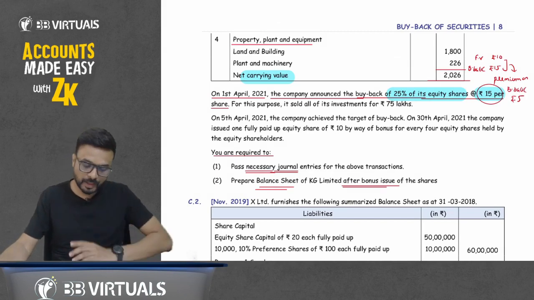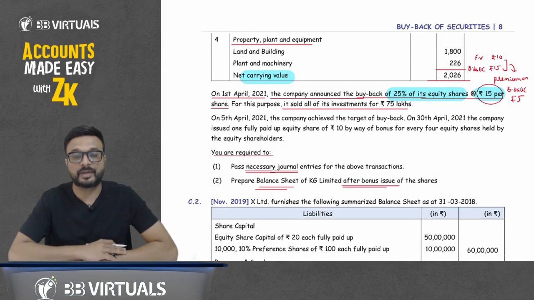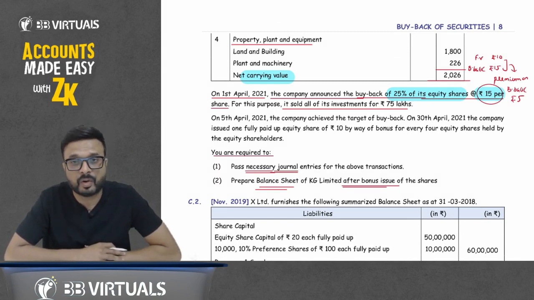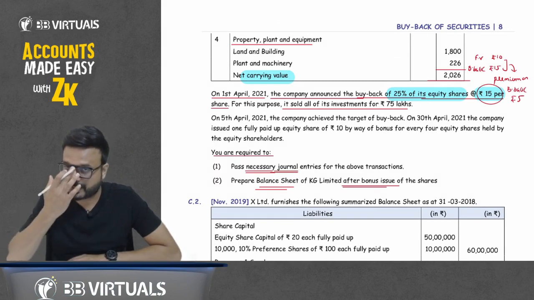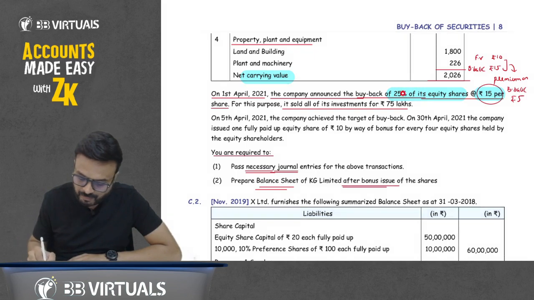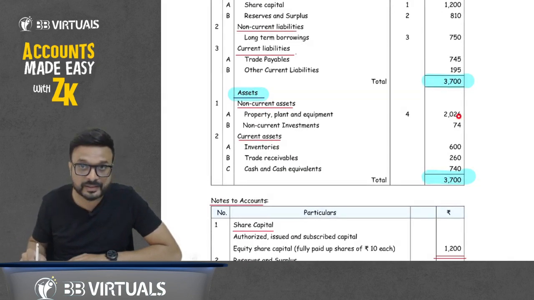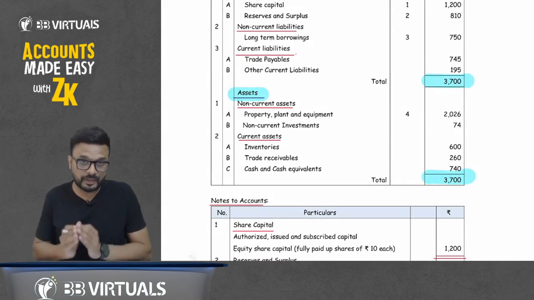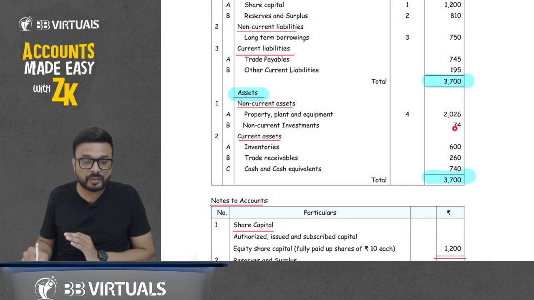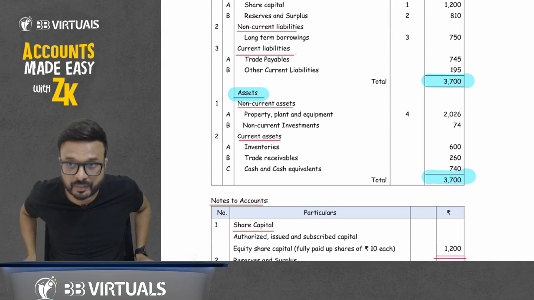Now for this purpose it sold all of its investment for rupees 75 lakh. So you know what entry we should pass when we do the sale of investment. Here they have sold the investment at rupees 75 lakhs and the book value of the investment is not 75, it is 74. So they sold the investment of rupees 74 lakh at rupees 75 lakhs.